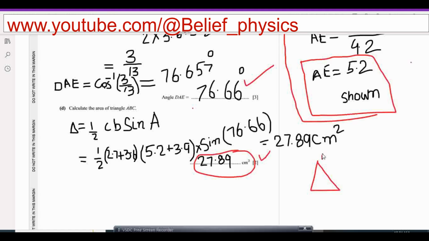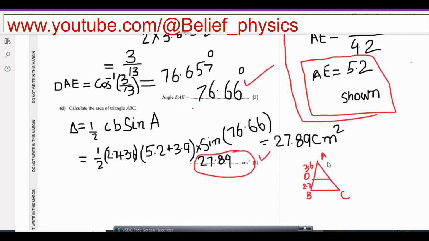this is A and this is C. This length is 2.7 plus 3.6, because this is D, and we just proved in the last part that AD is 3.6, and this is given as 2.7. So the total length will be 2.7 plus 3.6.